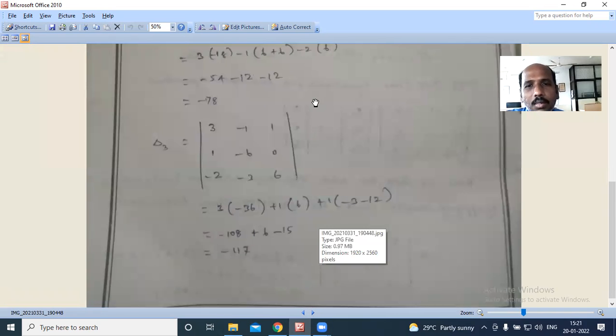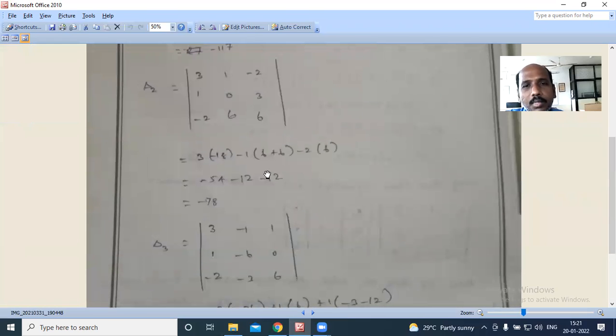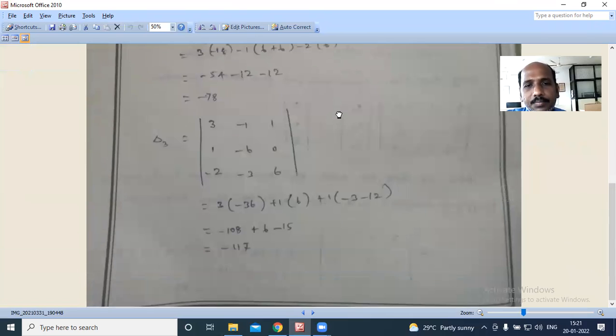So for del 2, you find the determinant and get minus 78. Then del 3, the third column is replaced, and by the normal matrix rule you find del 3: 3 into 6 into 6 minus 36, minus 3 into 0 0. Like that you can get minus 117.